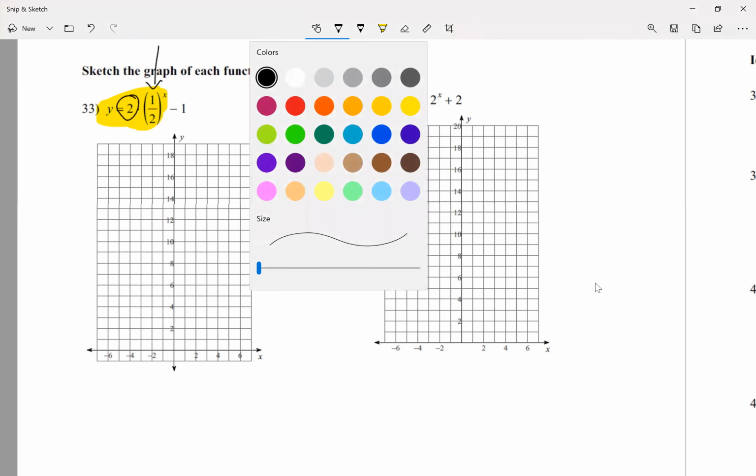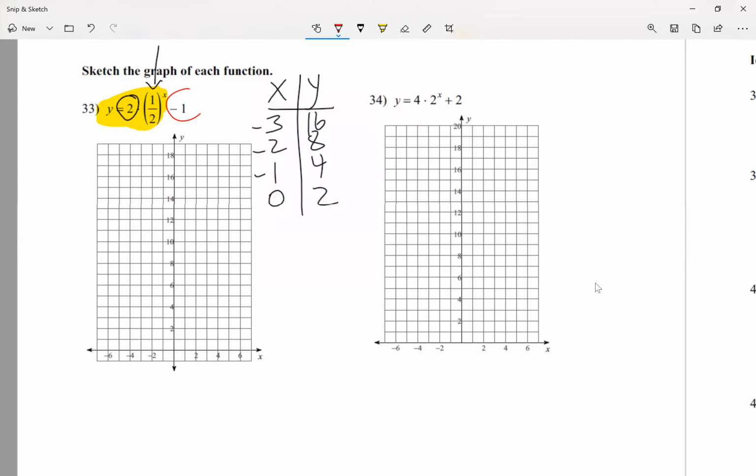Now, I will consider this -1 at the very end. So I'm looking at the function y is equal to 2 times 1/2 to the x minus 1. All right, the -1 at the very end, basically what that says is on the y values, subtract 1.